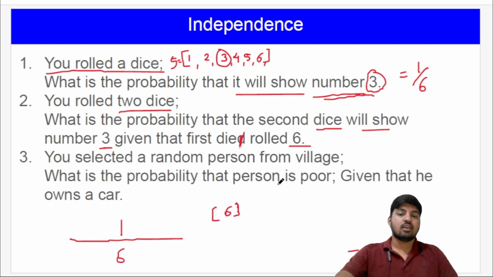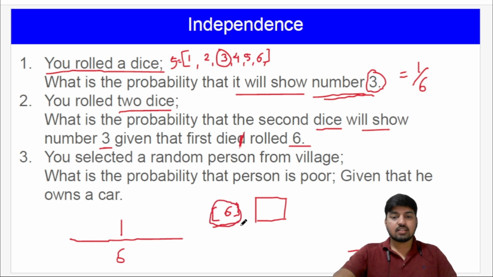Does the first dice have any connection with the second dice? Because the first time I rolled, 6 came. The second time, can you say with surety that you will get that number only?